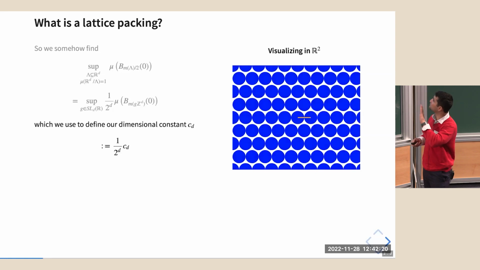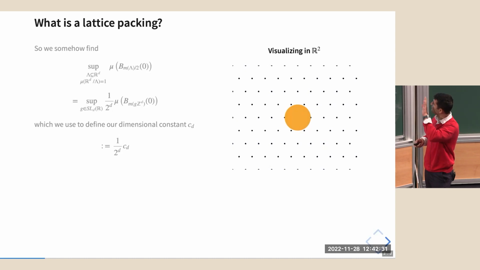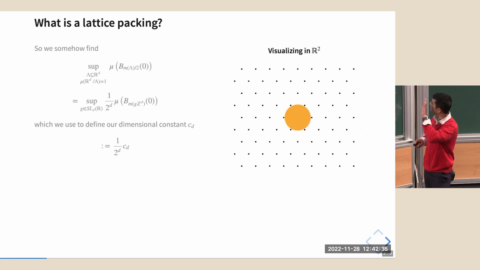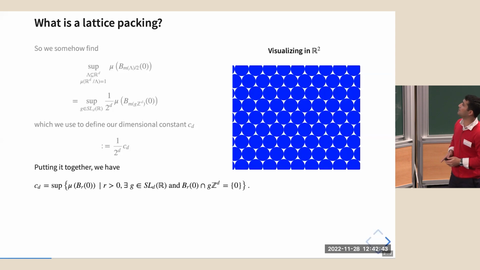Okay, here is some animation for 2 dimensions. Here you would expect that C_D is equal to the volume of this yellow ball, but it is not, because this is not the best packing you can do. You can do this packing, which is slightly better, and this gives you the hexagonal packing in 2 dimensions.